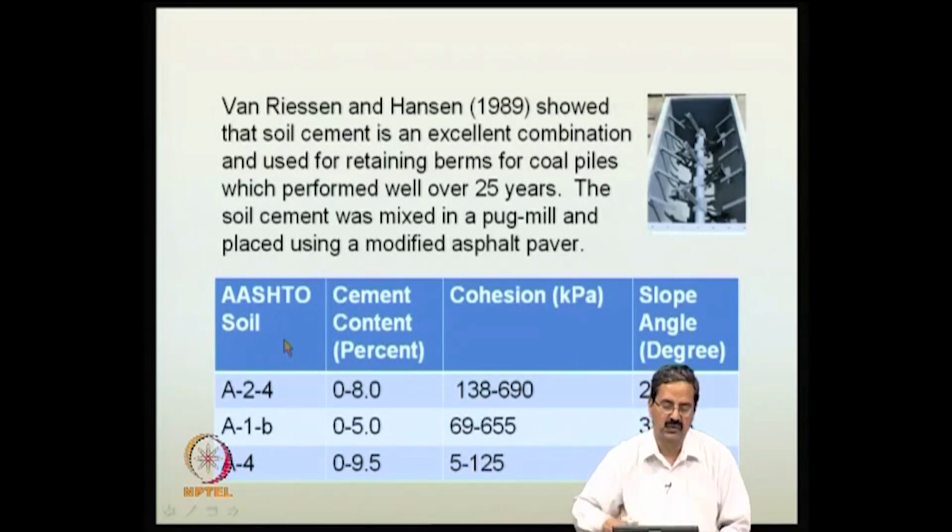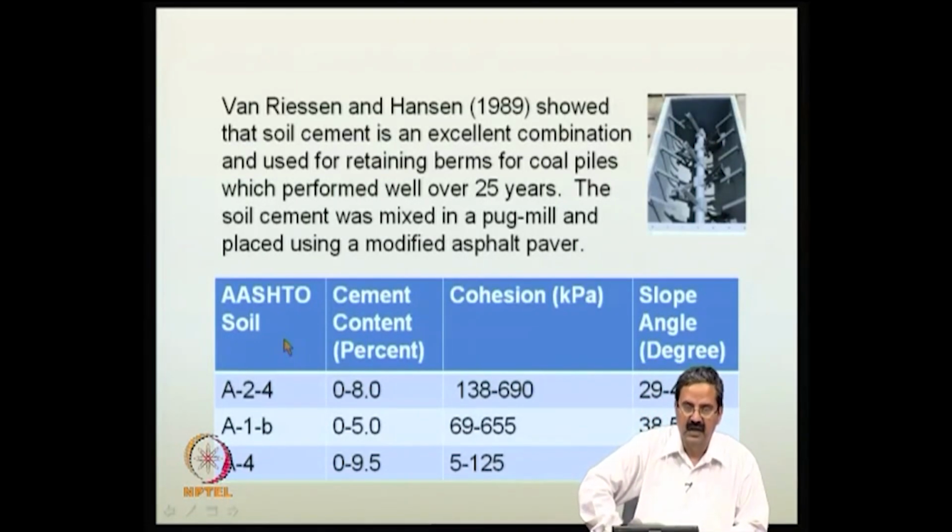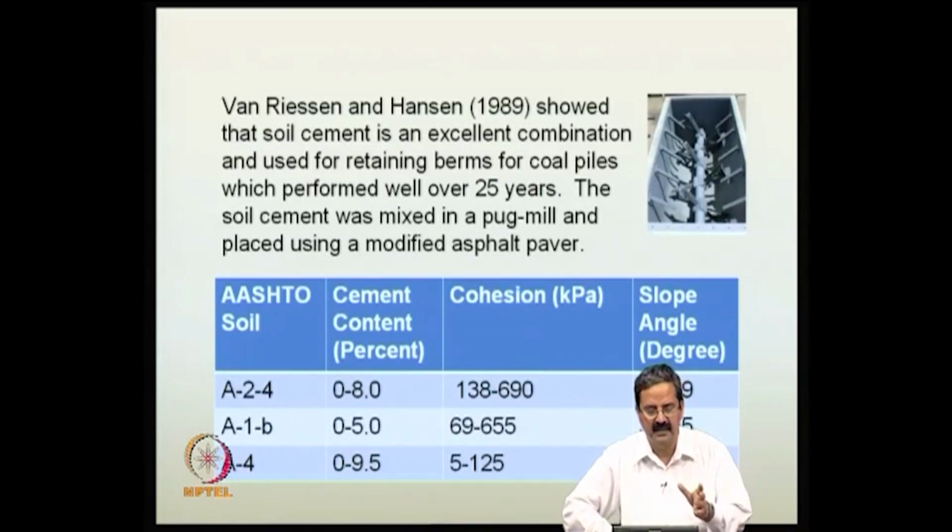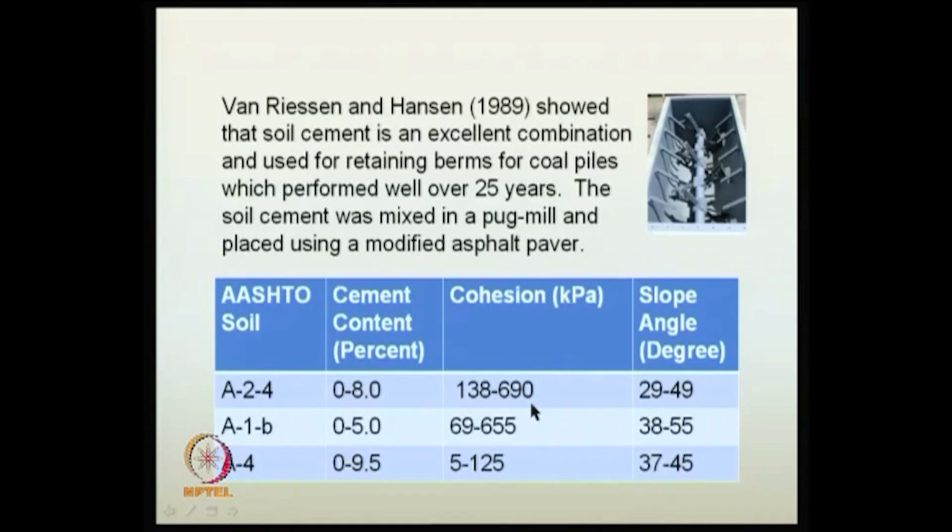AASHTO has a different type of soil classification, in which they use types A1 to A8. A1 represents a good soil, and A8 represents a poor soil, so the order of difficulty increases in that manner. In what they tested, if the soil is A2 type and you add 8%, the cohesion improved to the range of 130 to 690 kPa, which is quite good.